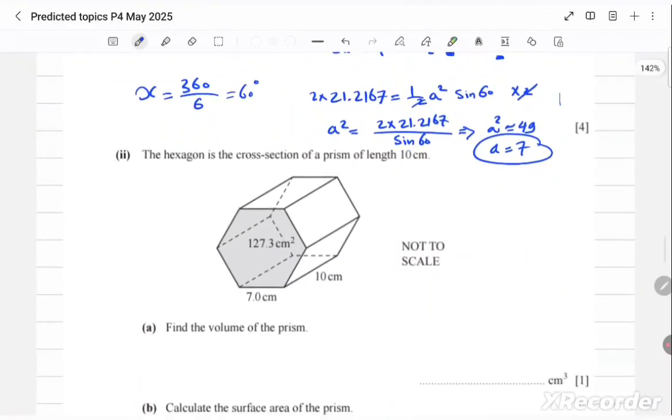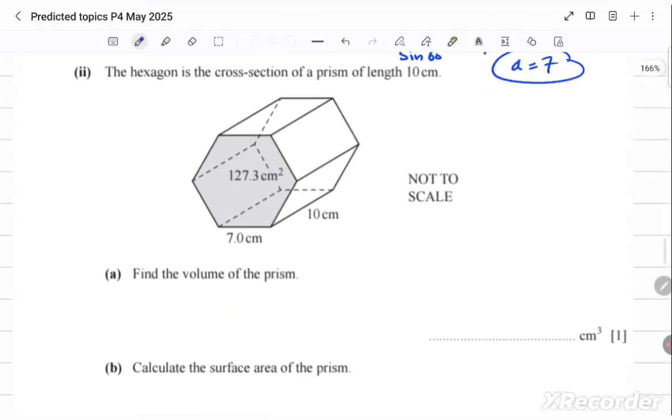The second part: the hexagon is the cross section of a prism of length 10 centimeters. Find the volume of the prism. The volume is area times length, so 127.3 times the length, which is 10.